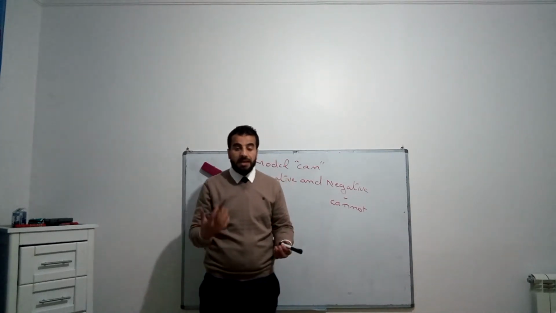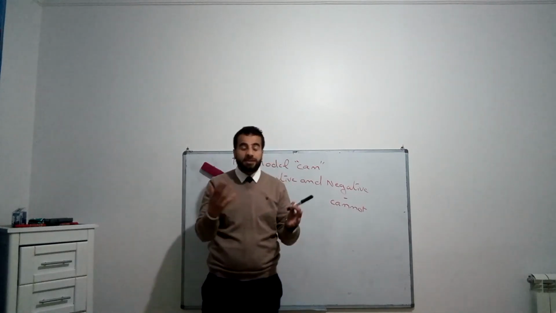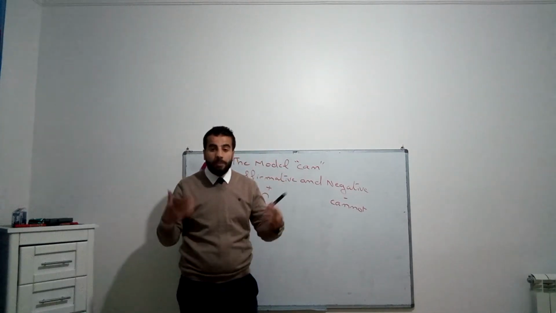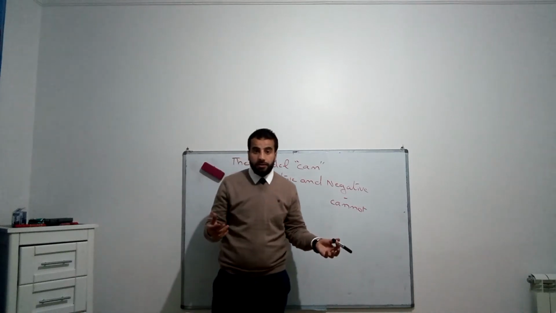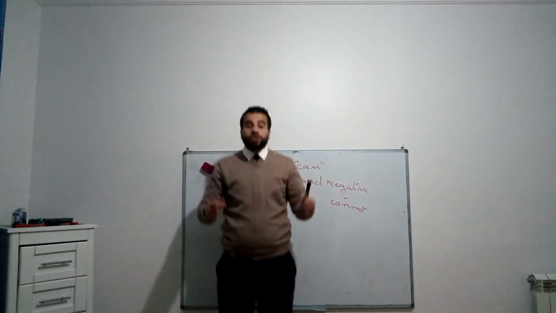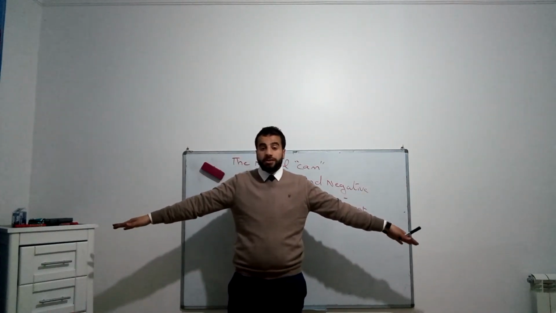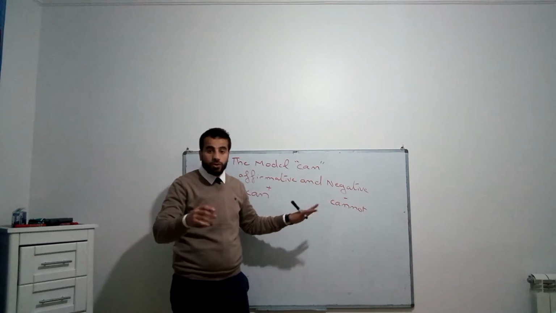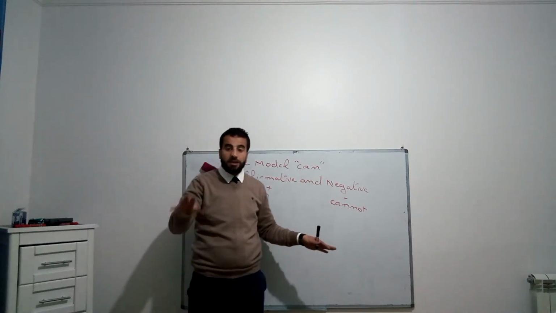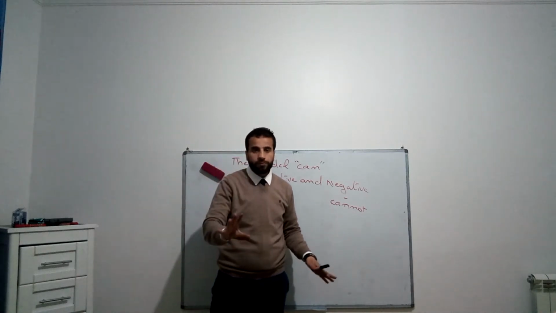So this is the meaning. Can means you can do something. Cannot means the inability to do something. Means I cannot do that. I can jump, but I cannot fly. Right? This is why we use can to represent anything that you can or cannot do.